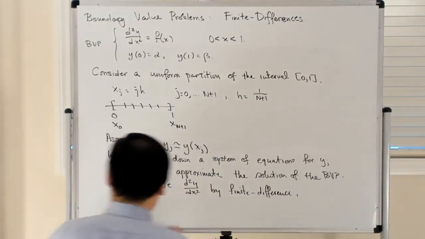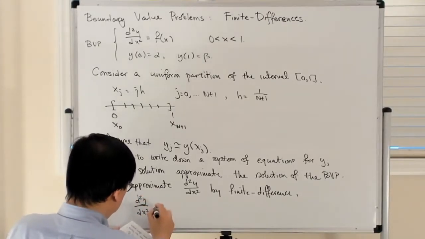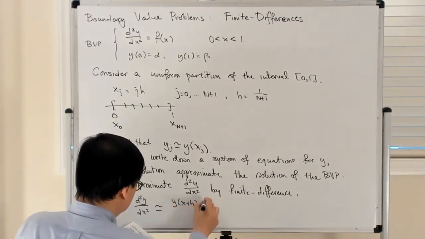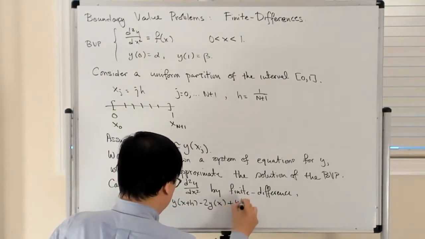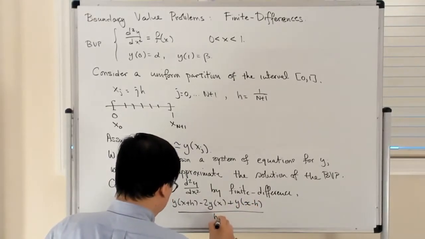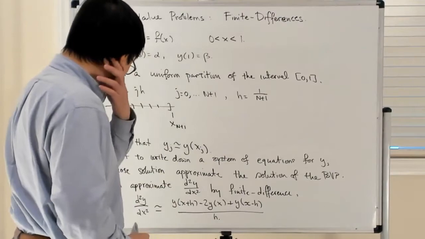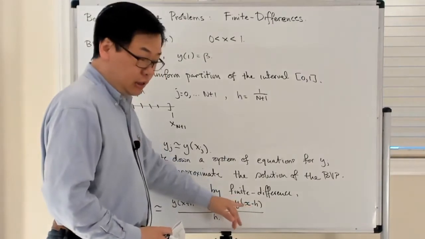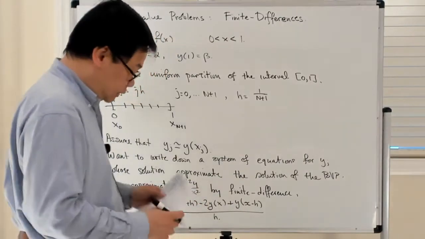Okay, so for example, d squared y dx squared is approximately equal to y at x plus h minus 2y at x plus y at x minus h, divided by h squared. And you can see that this is a reasonable approximation of d squared y dx squared at the point x if you do a Taylor expansion of these terms about x and see what happens.